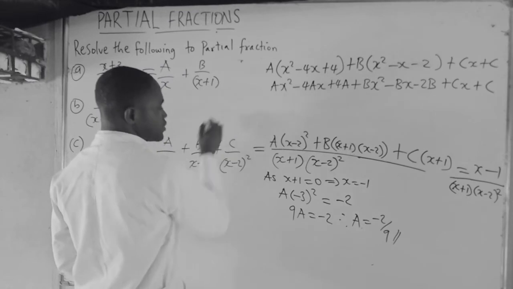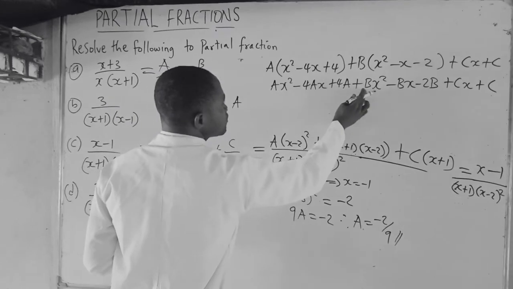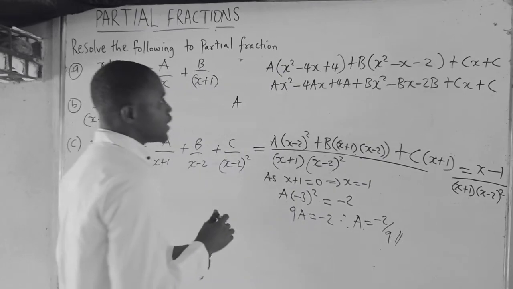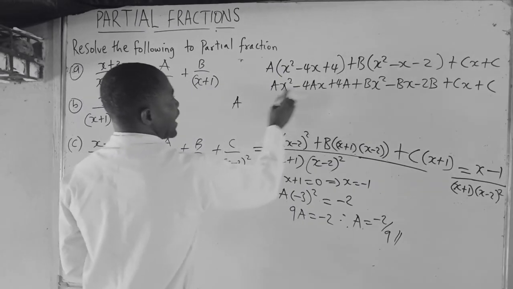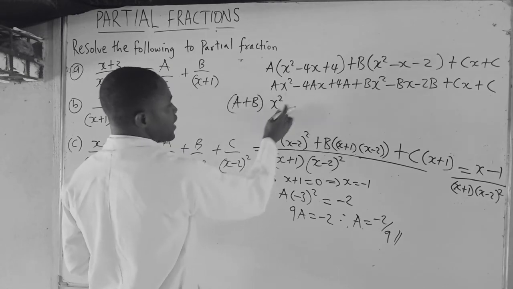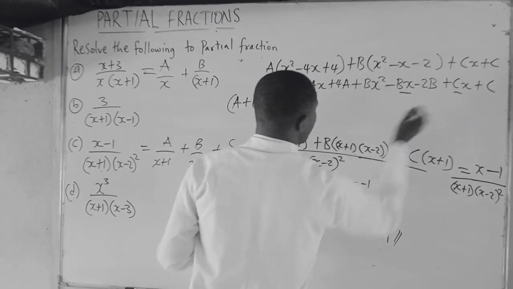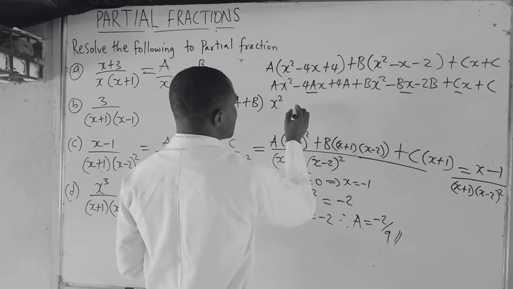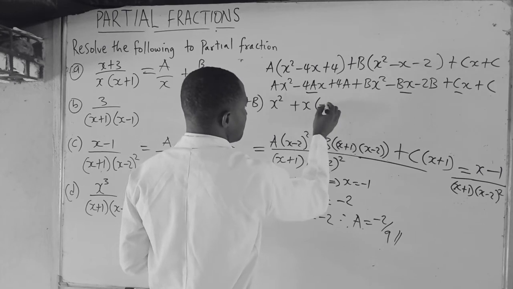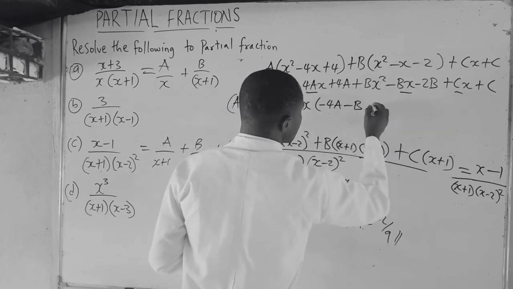Now, collecting like terms, we will have as squared plus bs squared. That will give me that they have something in common: (a plus b) s squared. They have s squared in common. Then this one and this one are common. Then I will now say plus s bracket minus 4a minus b plus c.